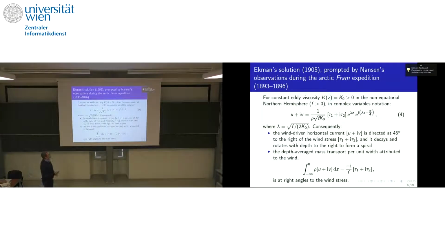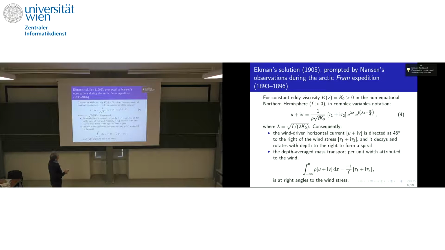If you take constant eddy viscosity, then you can solve it explicitly, and that's the formula here, written in complex variables. Lambda is this constant here, and you can read off the important features from the formula.